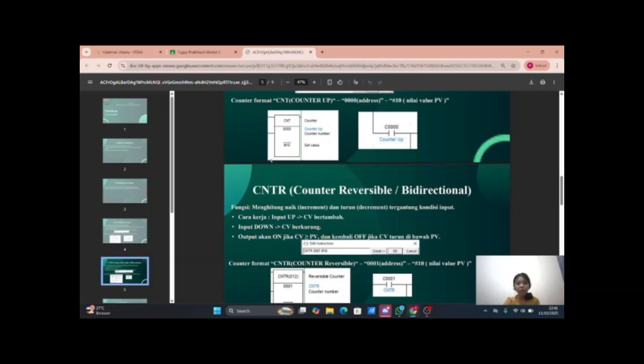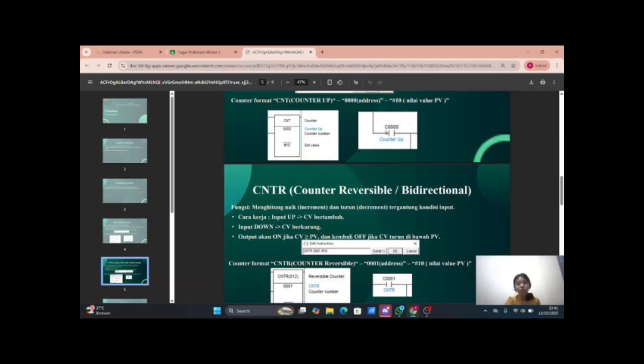A timer T000 with a delay of 1 second is used to generate periodic pulses. This pulse serves as the input signal for the counter instruction labeled C000 here.